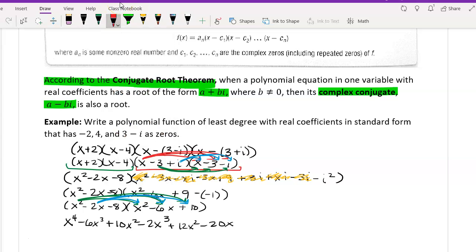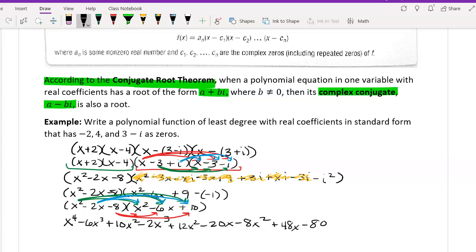And then that last one, we have negative 8 times x squared is negative 8x squared. Negative 8 times negative 6x is positive 48x. And then negative 8 times positive 10 is negative 80.